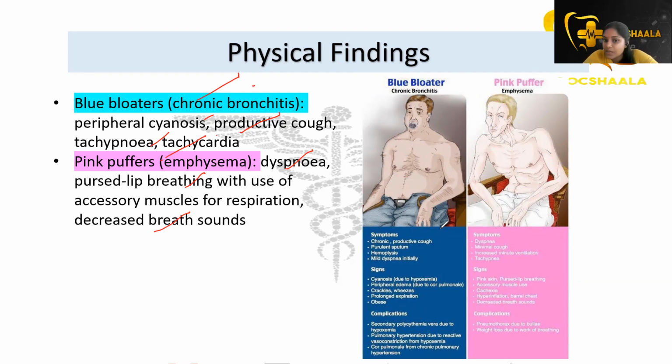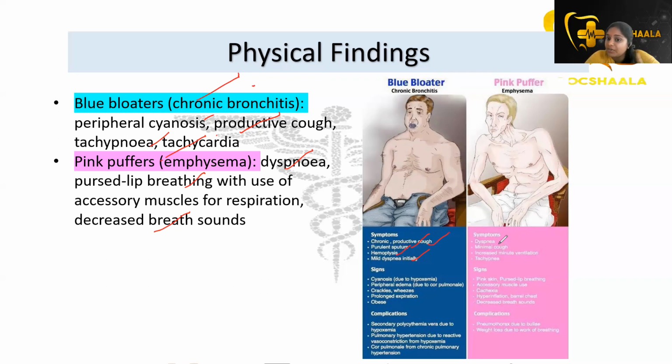Blue bloater is seen in a chronic bronchitis dominated COPD individual, and pink puffer is seen in an emphysema dominated individual of COPD. The symptoms associated with blue bloater are chronic productive cough, purulent sputum, hemoptysis, and mild dyspnea initially. But tachypnea and tachycardia are the important ones.